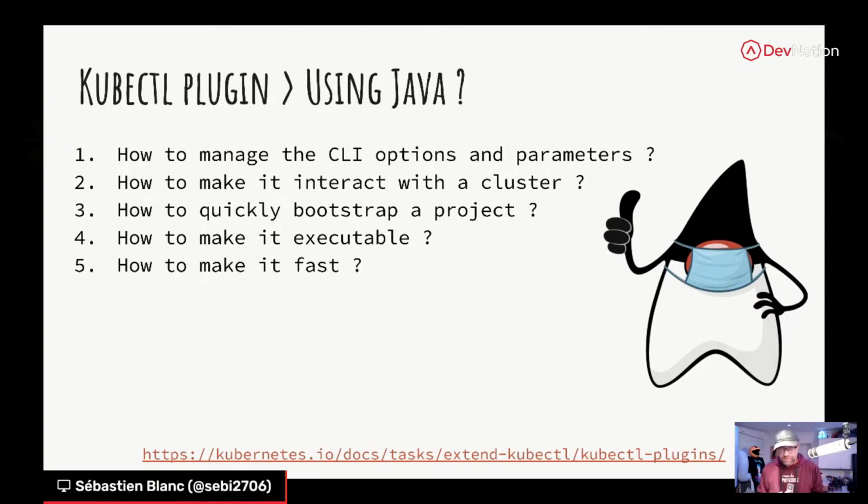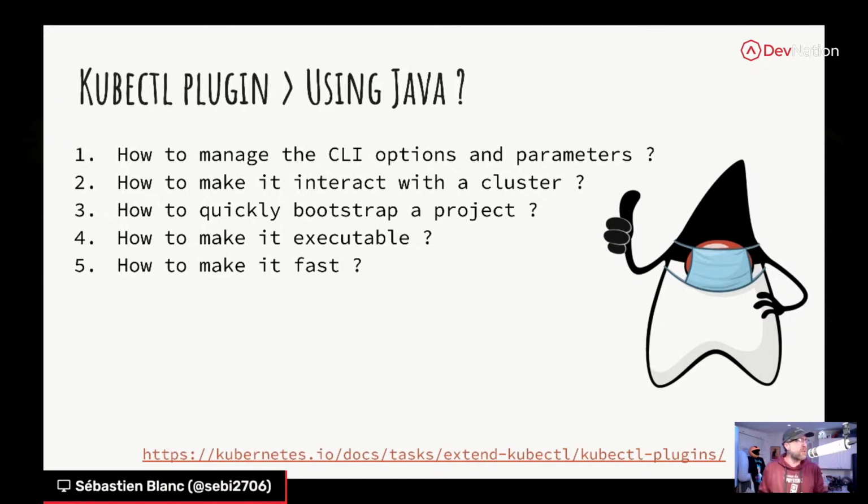You know that with Java, you have your main class, and your main class can have arguments, and then you can manually parse all these arguments, inject that into your code, but it's not really easy. Out of the box, Java is not really meant to build CLI tools, okay?